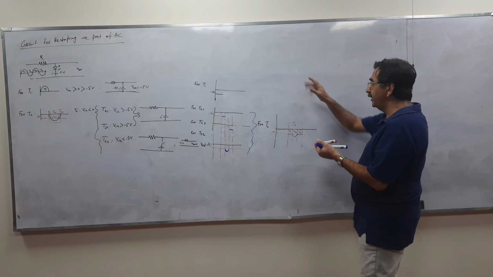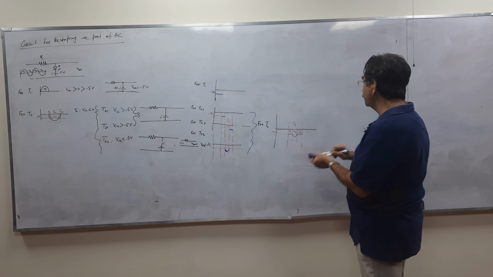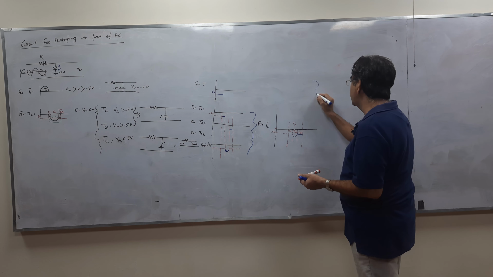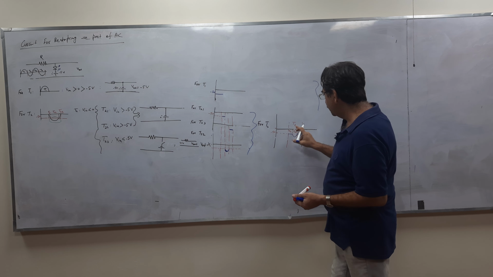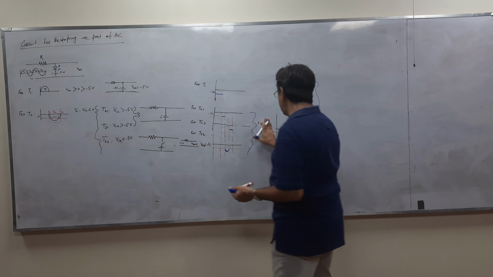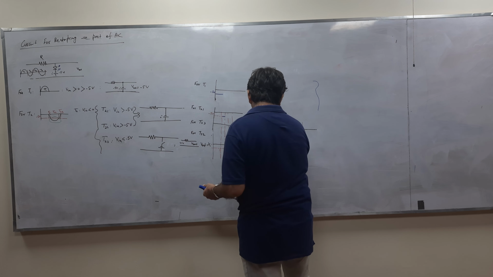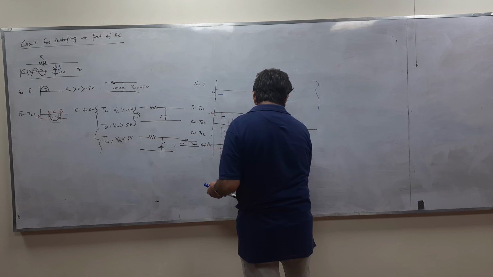If I combine T1 and T2 both, T2 is a combination of T21, T22 plus T23.